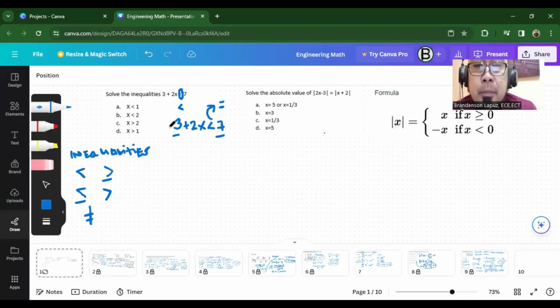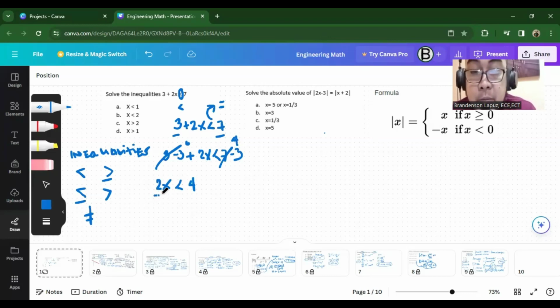You can transpose this to the other side, or you can subtract 3 on both sides. So that would be 3 minus 3 plus 2x, less than 7 minus 3. This one will become 0, and this one will become 4, because 7 minus 3 is equal to 4. So we will have an expression that is 2x less than 4.